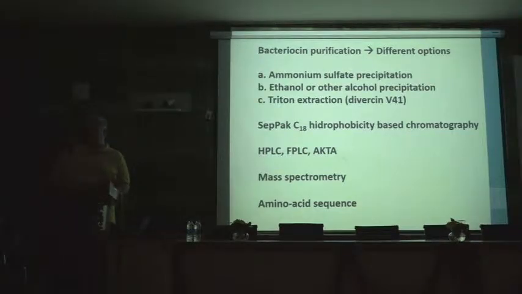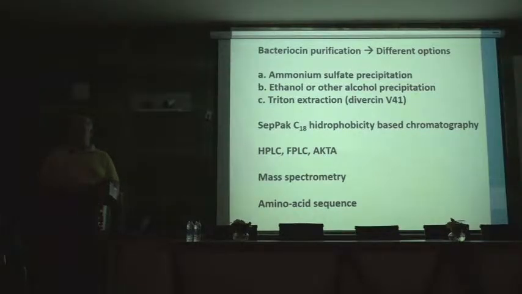You can make it precipitate, and then you can normally use a Sep-Pak C18 hydrophobic based chromatography. The good part of this chromatography is that you don't need the HPLC, you don't need the equipment. You just have a small cartridge that is not very big, and use a syringe. And using the syringe and the cartridge you separate your bacteriocins based on the hydrophobicity, because most of the bacteriocins are hydrophobic molecules.